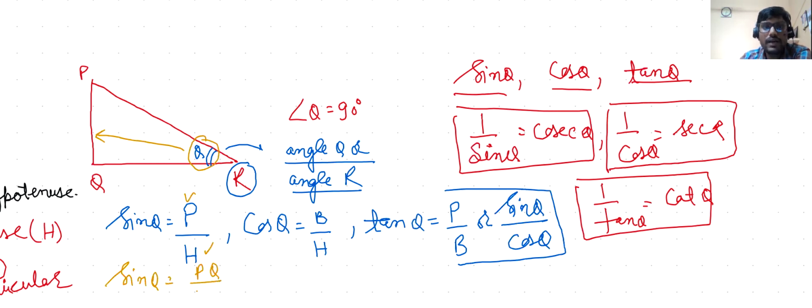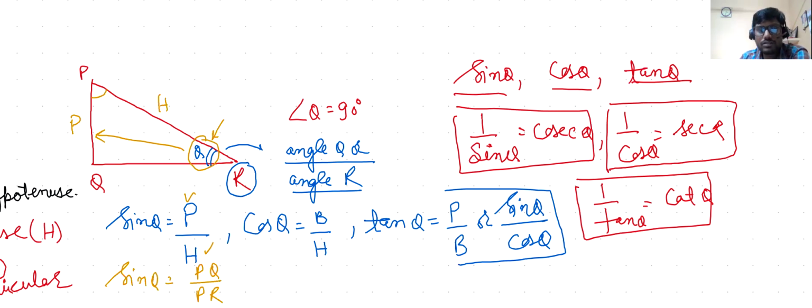Why PR? PR is the hypotenuse here. If the angle is theta at R, PQ must be the perpendicular. If we had the angle at P, then in front of P, the side QR would be the perpendicular. But we are going to discuss the angle at R, so definitely PQ is the perpendicular here. So PQ upon PR.